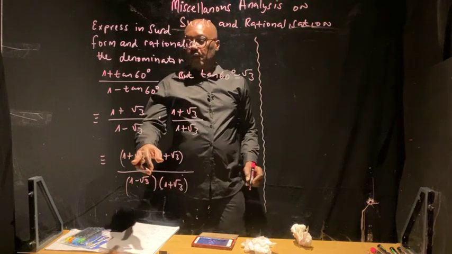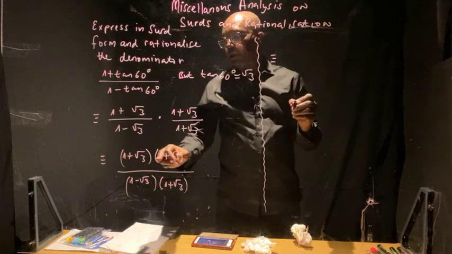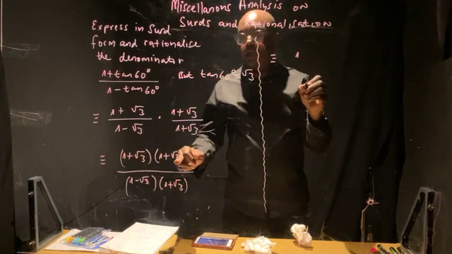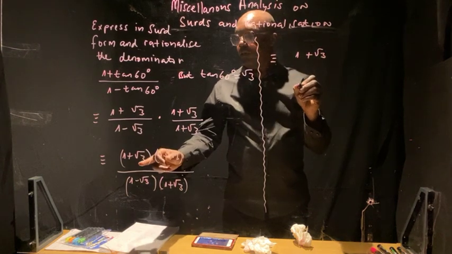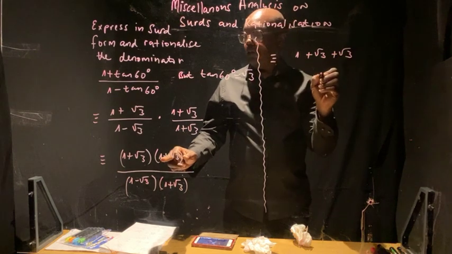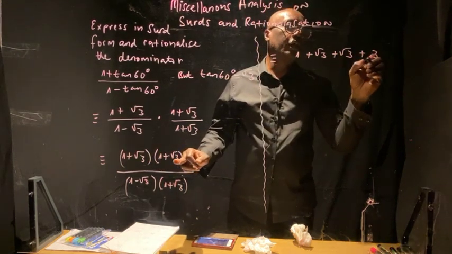Then we continue on this side. You can see that 1 multiplied by 1, we have 1. 1 multiplied by root 3, we have plus root 3. Then root 3 multiplied by 1, we have plus root 3. Then root 3 multiplied by root 3, we have 3.